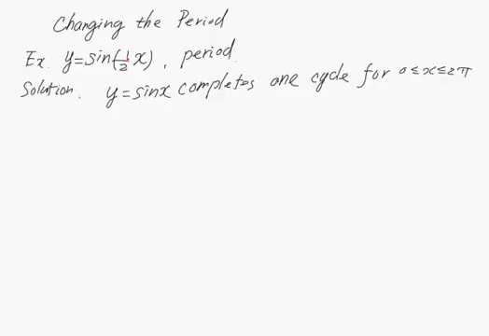So that means this input must be between 0 and 2 pi, right? So to get one cycle of this function, we set half x greater than or equal to 0 and less than or equal to 2 pi. Now we just multiply each part of this inequality by 2. Then we get 0 less than or equal to x. And then 2 times 2 pi gets 4 pi. So that means this function completes 1 cycle for x between 0 and 4 pi.